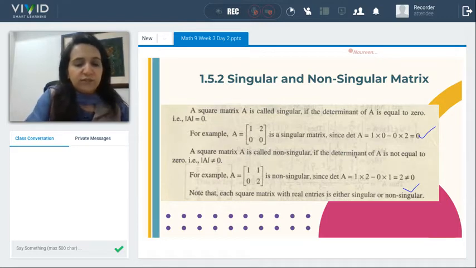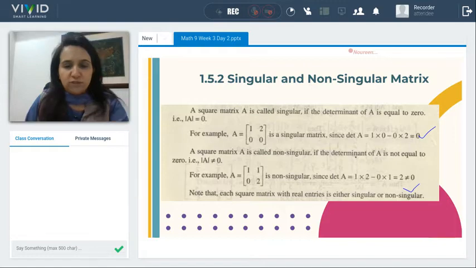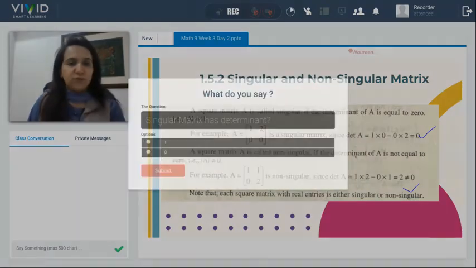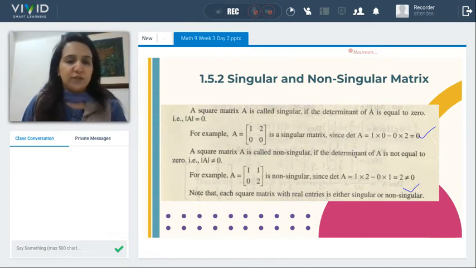Singular matrix has determinant. Option 1 is 1 and option 2 is 0. So you can choose the correct option.